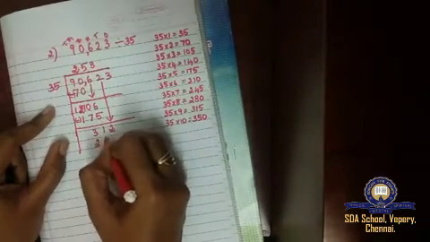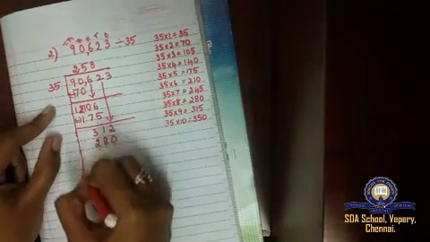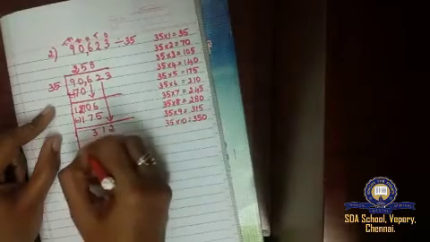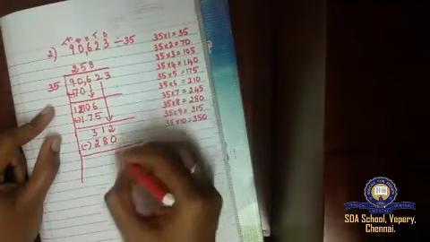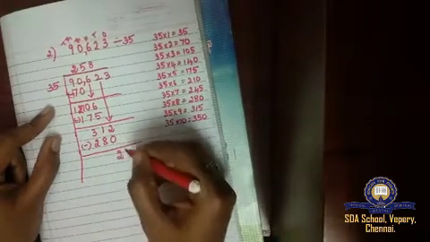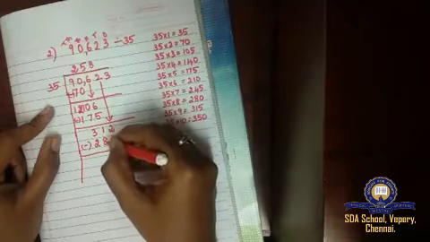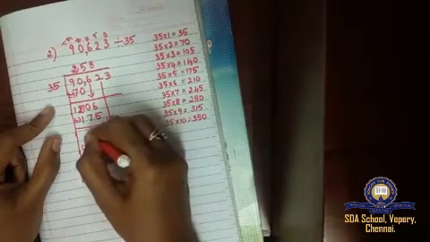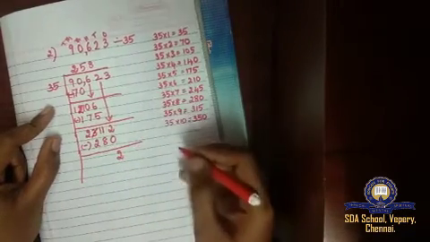Now 31. Again 31 is a very small number. Bring down this 2. So 312. Shall we check here? No. 35 into 9 we are getting 315.